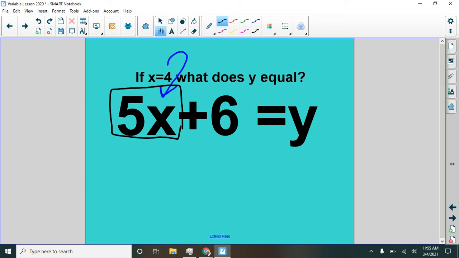Okay, this is worth 20. Y, so if I have 5x and x is equal to 4. Why is that part 20? This part is 20 because 5 fours. This is like 5 fours, not 54. 5 fours equals 20. 5 times 4, if you said that, that equals 20.